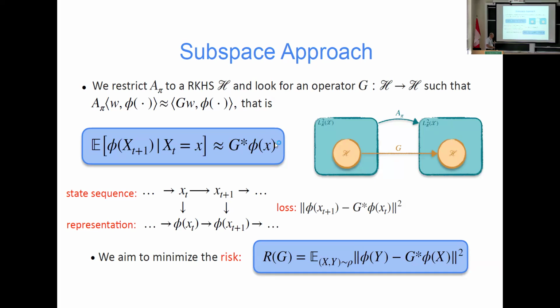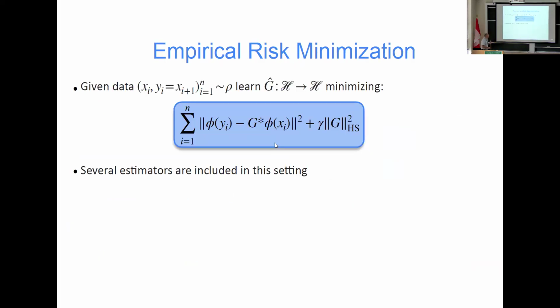So how do we minimize this risk? As is standard in statistical learning, we don't know the underlying distributions. We only have data, right? So let's say we have a trajectory of the system in a stationary regime, and we observe a trajectory of endpoints, and then we construct the empirical version of the risk, which is called the empirical risk, and we try to minimize it over operators in the space.